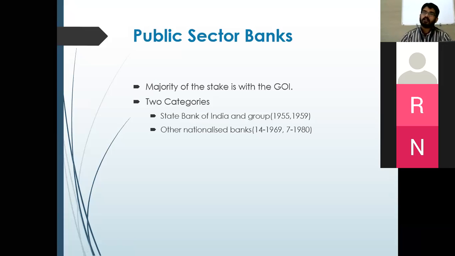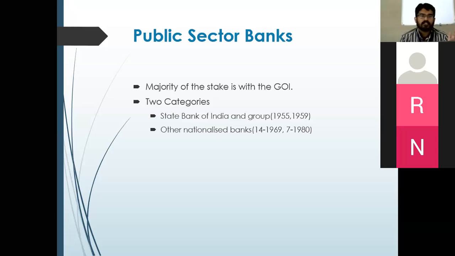Then under public sector banks, we can consider two subdivisions. One is the State Bank of India and its group. Now State Bank of India was formed in the year 1955. There is a story behind it. In the year 1921 there were three major banks in the country: the Bank of Madras, the Bank of Bombay, and the Bank of Bengal.